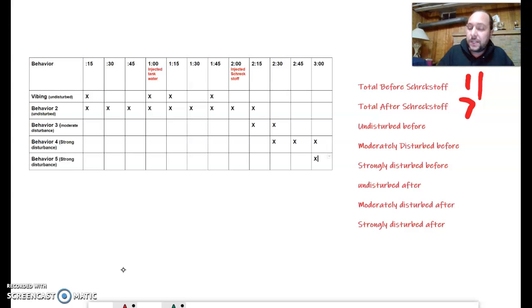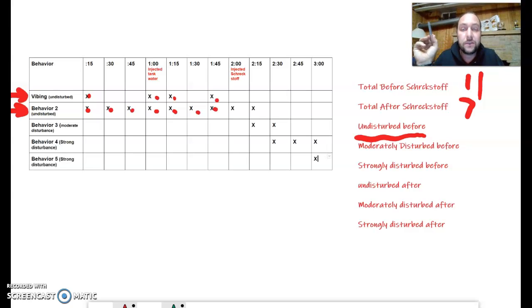Now, the next piece of data that I need to find out is the number of times undisturbed behaviors occurred before Schreckstoff. So undisturbed behaviors are this one here and this one here. So I'm going to count them. 1, 2, 3, 4, 5, 6, 7, 8, 9, 10, 11. Whoa. All right. So how do I turn that into a percent?